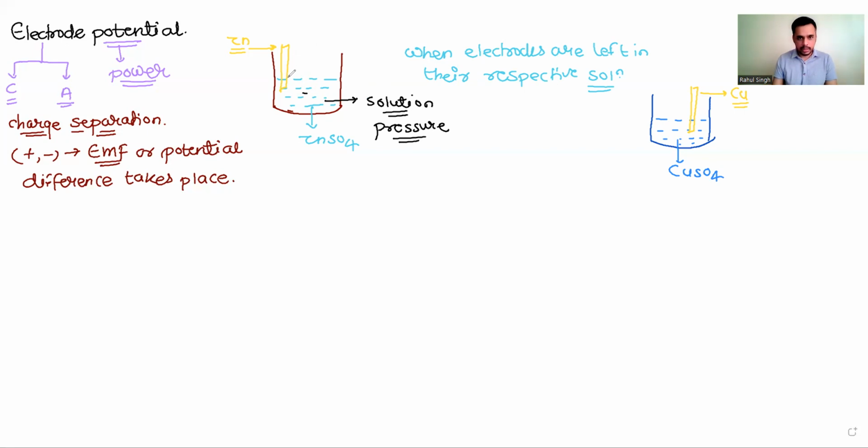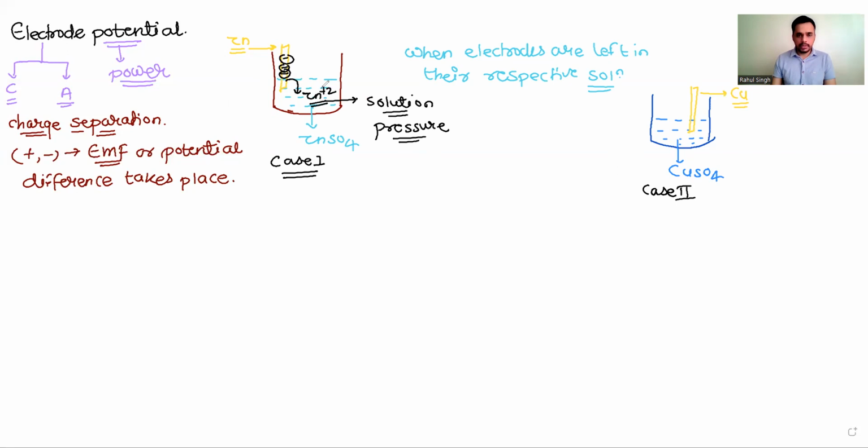In this case, the zinc is converting to Zn+2, and there is a development of negative charge. This is our case 1, and this is case 2.